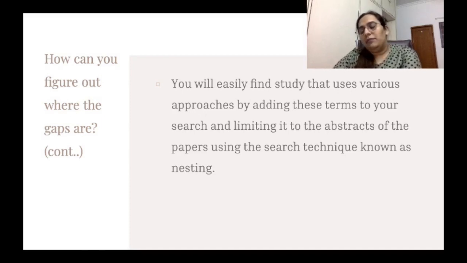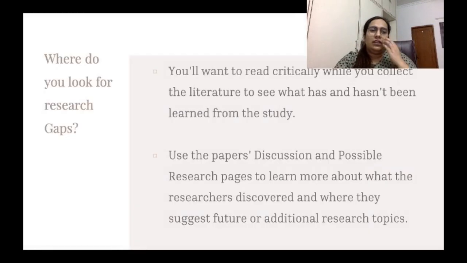I generally read my abstract from the methodology. When I find an attractive methodology, I read the whole paper once, and I write about what exactly I found and what I would need for the new implications of my contributions to that study. That is very important to write down.